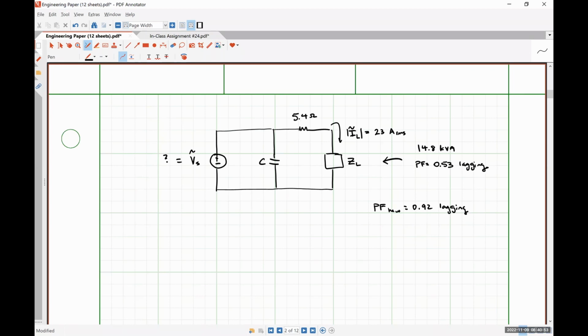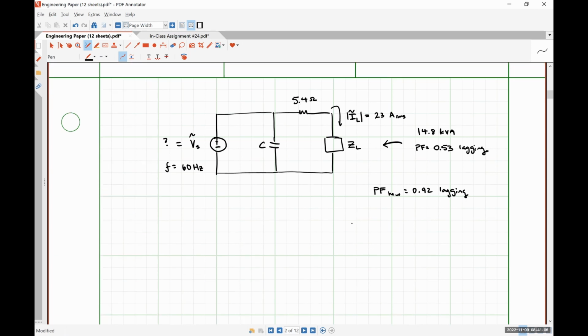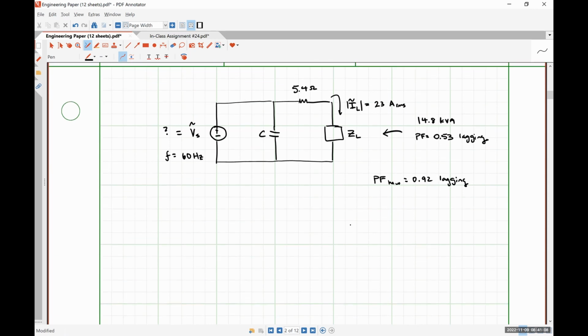And our source is operating at a frequency of 60 hertz. Okay. So let's write down once again our needed pieces of information.